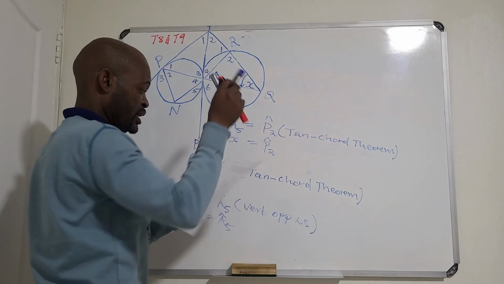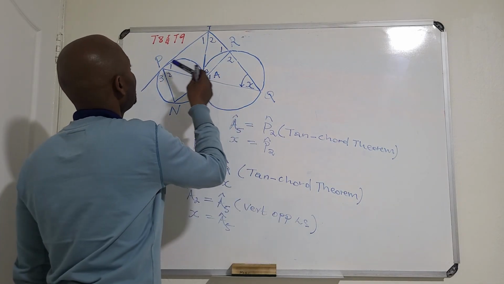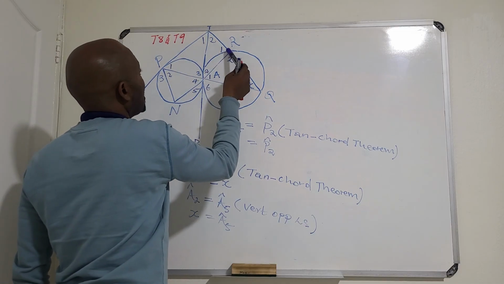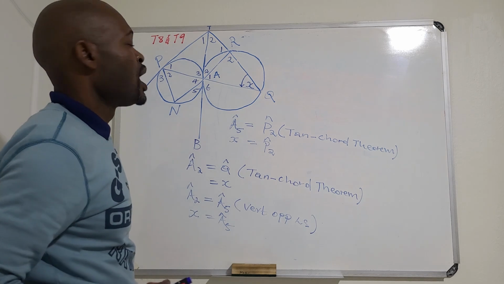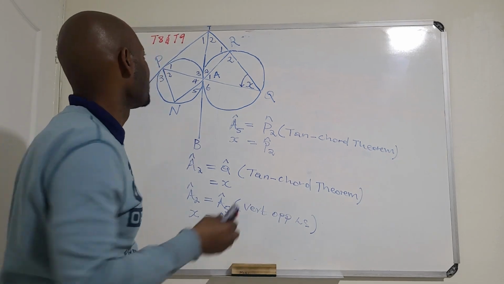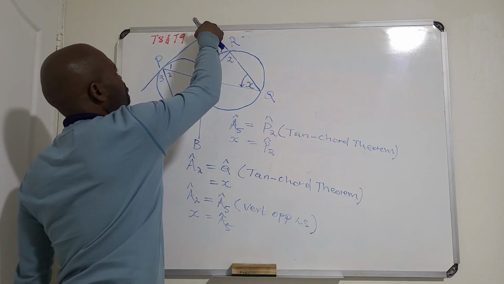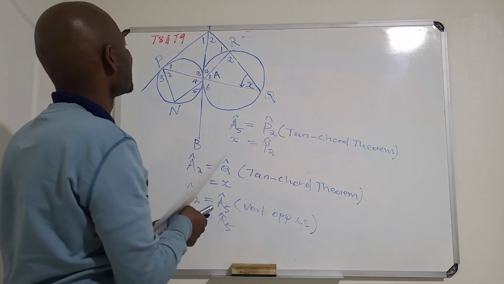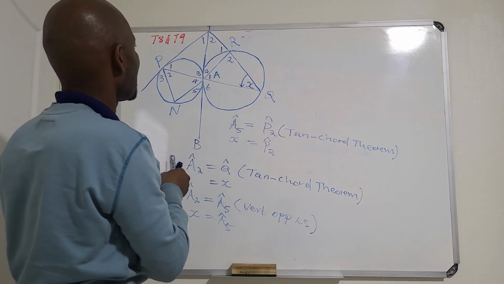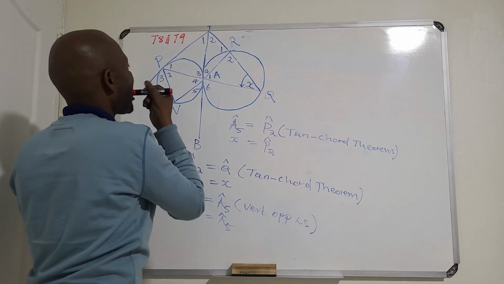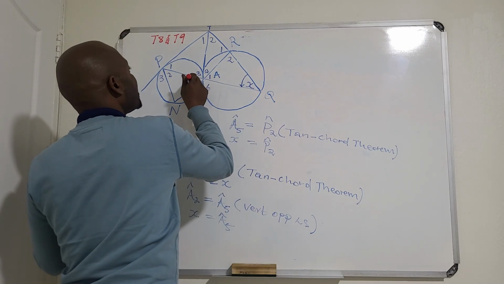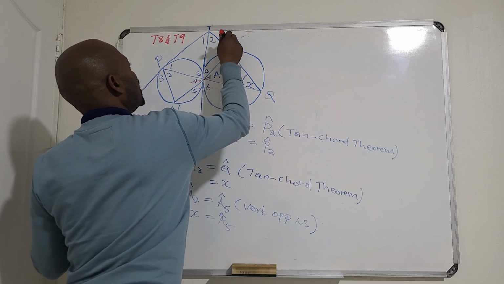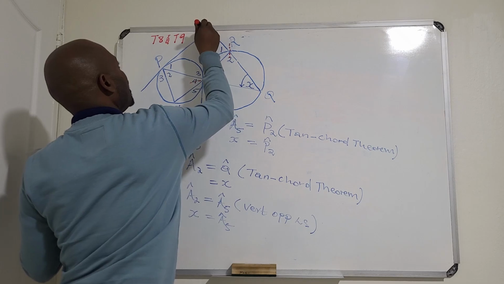APTR is a cyclic quad. And when they say we must prove that, you can see that P is not on the circumference of any of these circles. So it means that there's another circle, which is an imaginary circle here.